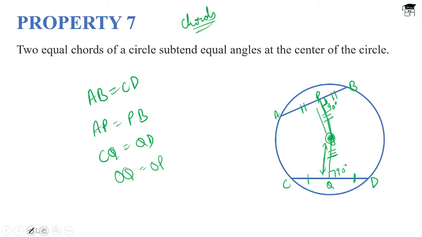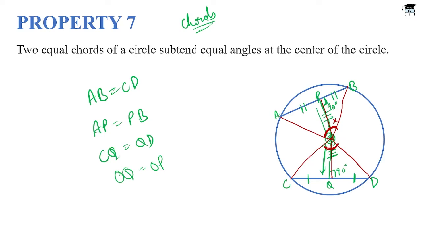And if I draw two angles here from point O, if this and this are equal, then the angles will also be equal.